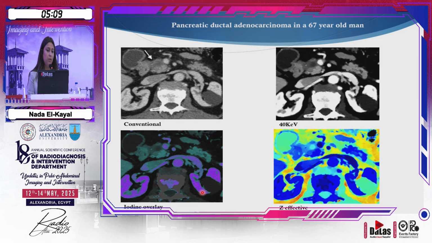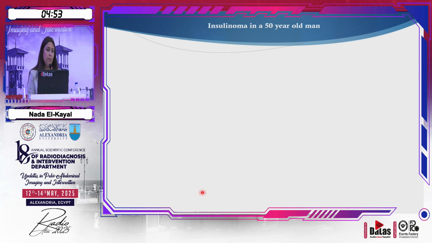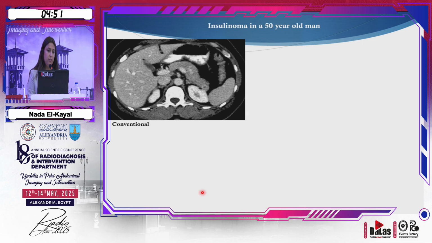However, on the spectral images, the lesion is much more conspicuous and it could be easily demarcated from the normally enhancing surrounding pancreas, and the internal details of the lesion, with the encasement of the gastroduodenal artery and the internal necrosis, are much more conspicuous.